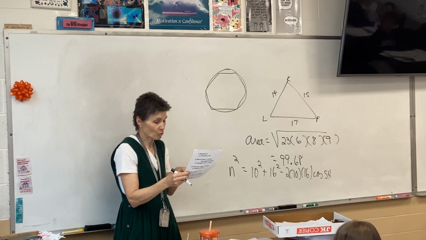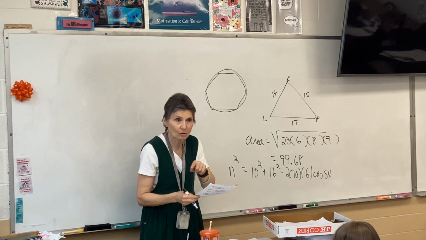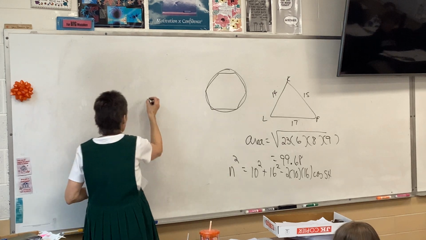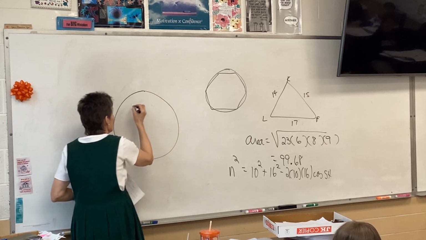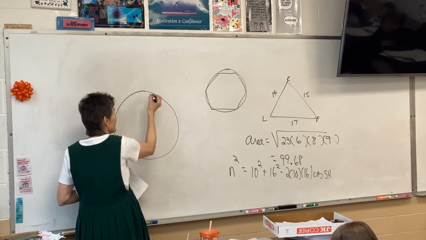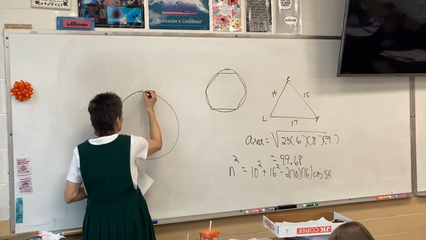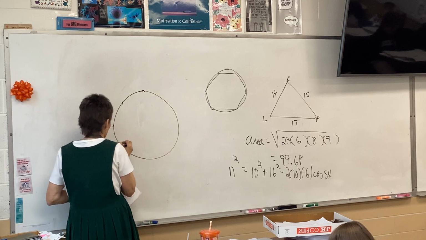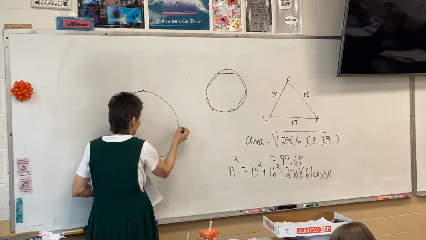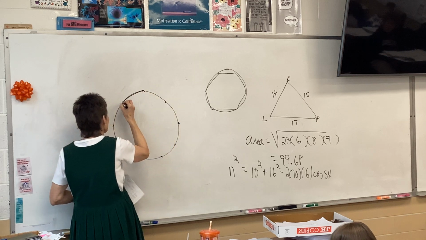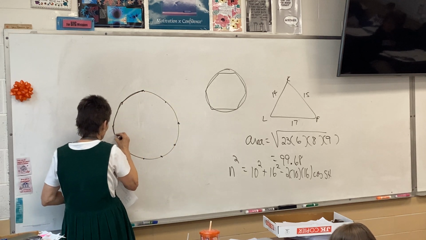We're circumscribing it about the circle. So you have a circle, but your 9-sided figure is around it. So you connect these outside the circle.